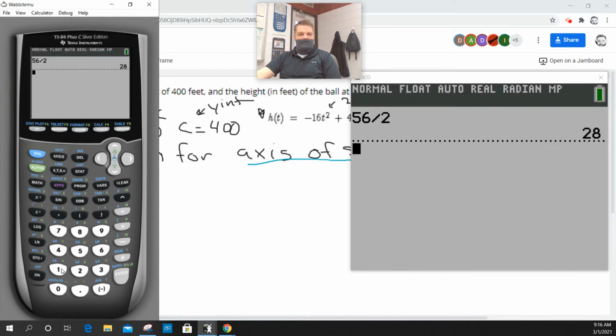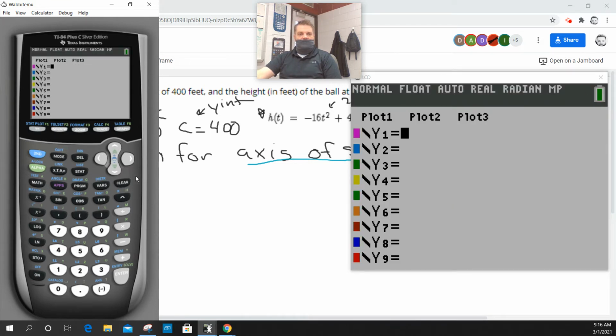So turn on your graphing calculator, go to y equals, clear that out. Do I put -16 or 16? Negative. All right.